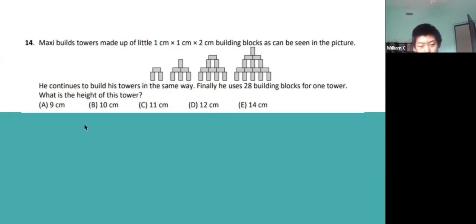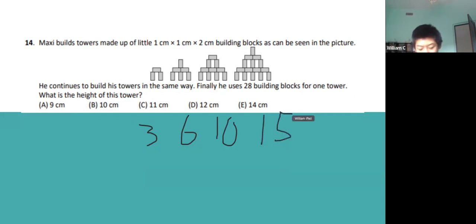So it's been 3 minutes, and since you still don't have an answer, I'll explain. First tower has 3 blocks. Second tower has 6 blocks. Third tower has 10 blocks. And the fourth tower has 15 blocks.